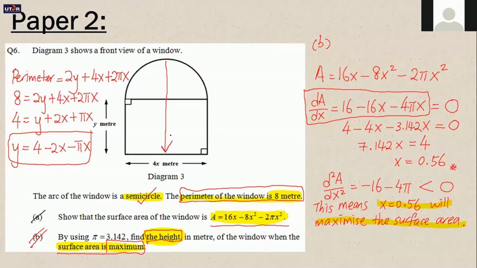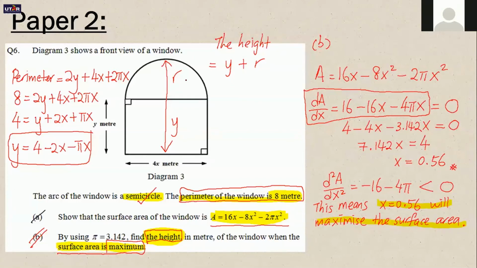Basically it is y plus the radius r. So the height of the window is actually y plus r.